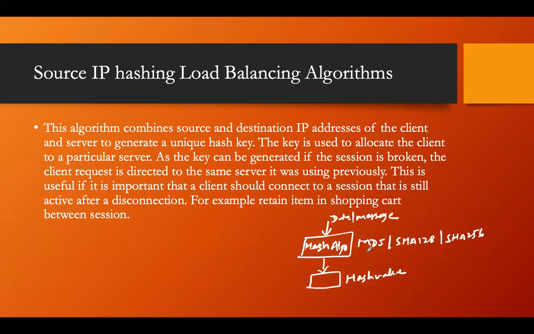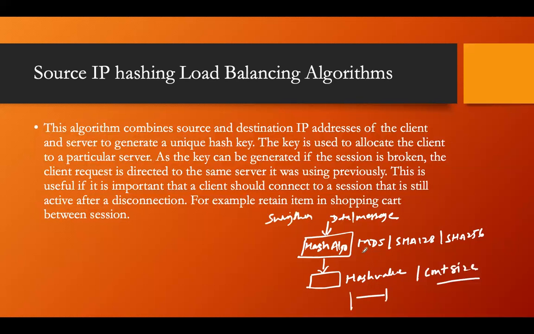Now, what do these algorithms do? They generate a hash value of constant size. It means that if I provide Suraj Sharma as the data, the hash algorithm will generate a value of a size based on the algorithm.